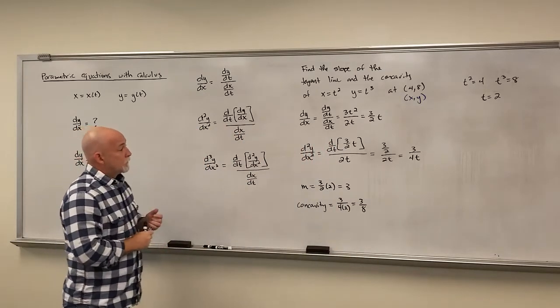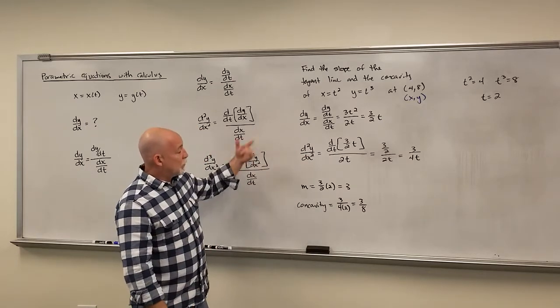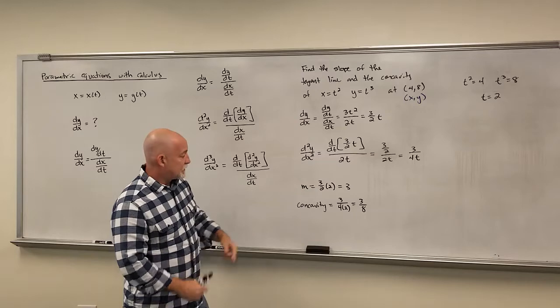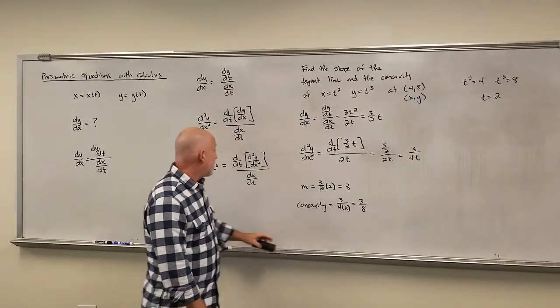Okay, so there you go. Notice, other than taking the derivative a little bit differently than what we used to, the idea for finding slope and concavity is the exact same thing. Plug it in the first derivative for the slope, second derivative for the concavity.